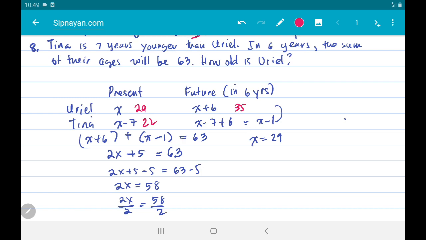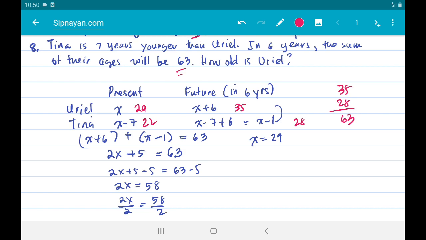So, minus 7, 35 minus 7 is 28. Okay, so 28. 35 plus 28 is 63. Which is, tama naman yung sagot natin.